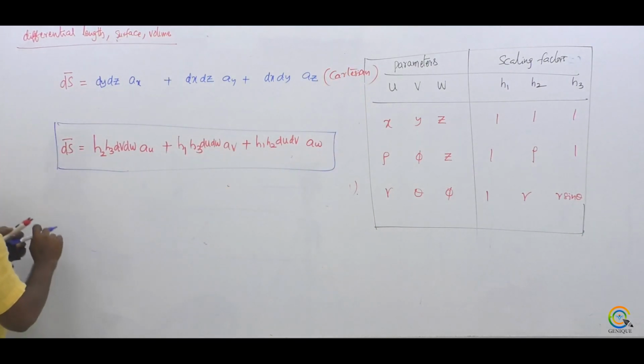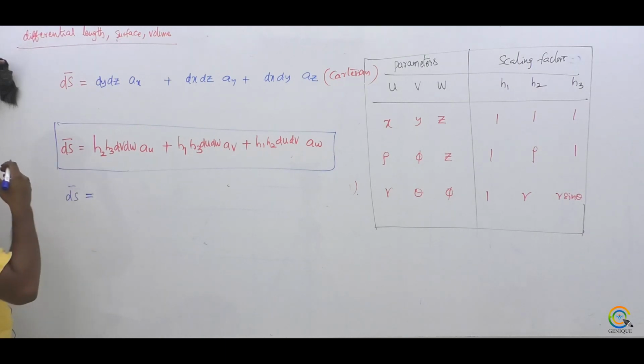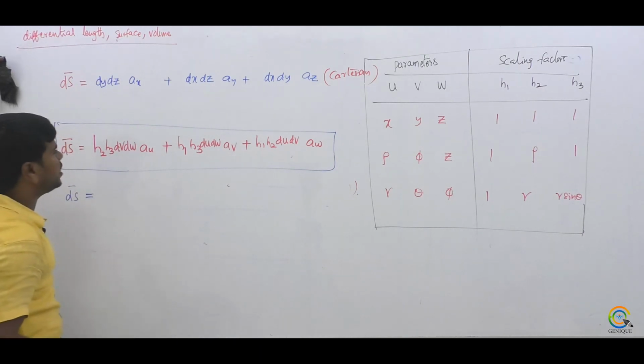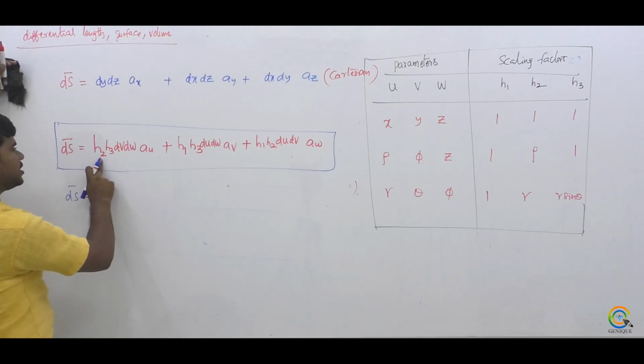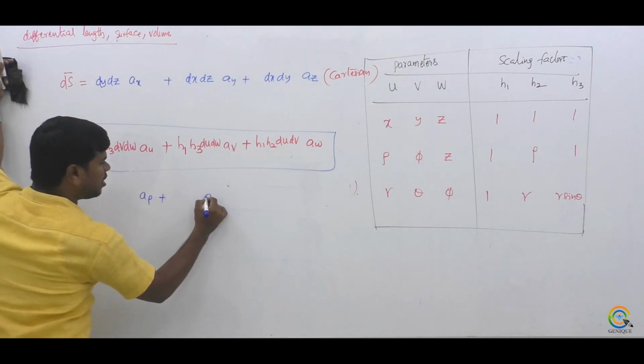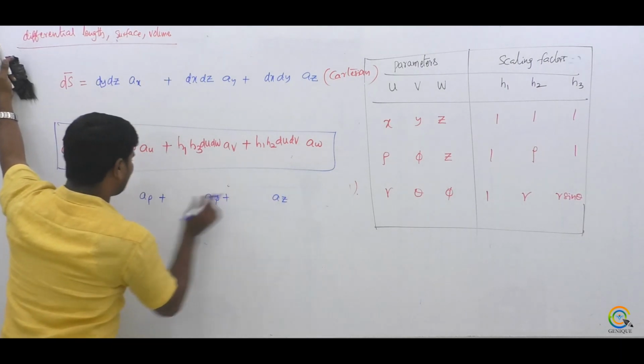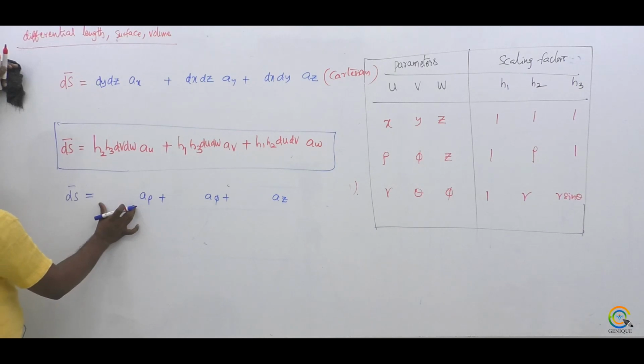Okay. So now what is the differential surface area in the cylindrical coordinate system, in the direction of a rho, a phi, and a z? What are these values?